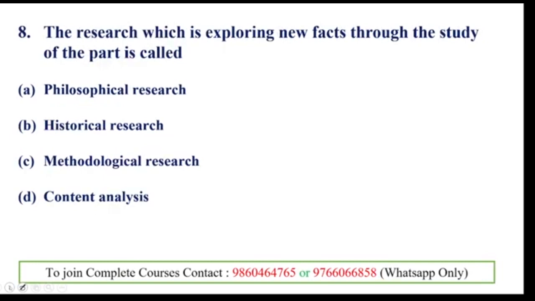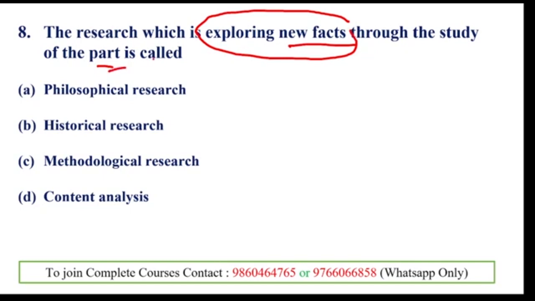And eighth question, the research which is exploring new facts through the study of the part. So here also you can see the exploring new facts, but here says the study of the part. Part means you have some knowledge about the event, or you have the prior knowledge to that field.